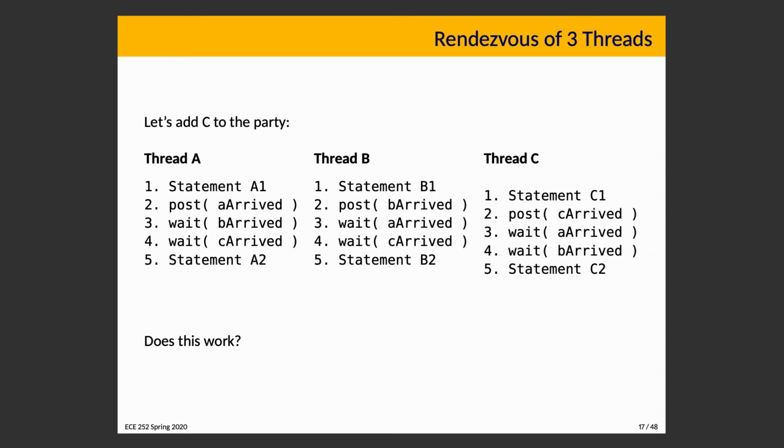Thread C can run statement C1, post C arrived, wait for A arrived, and this thread will get blocked here at this point. At present, the only thread that's able to proceed is B, because it waited for C to arrive and gets unblocked, so it does statement B2. And thread B escapes from this deadlock, but A and C are stuck forever.